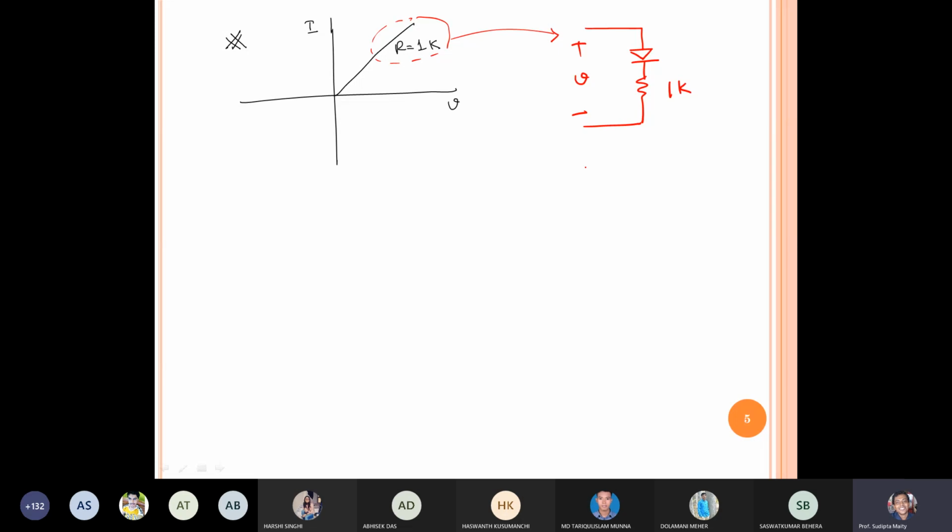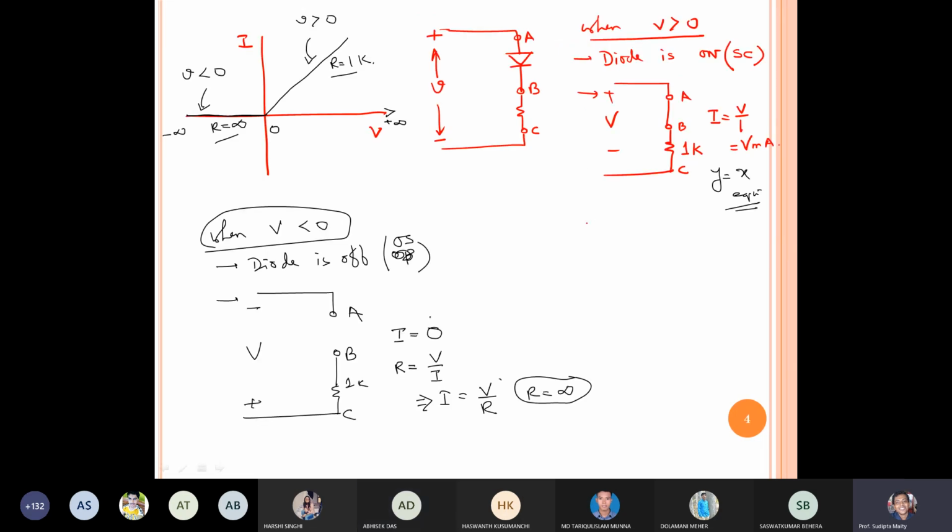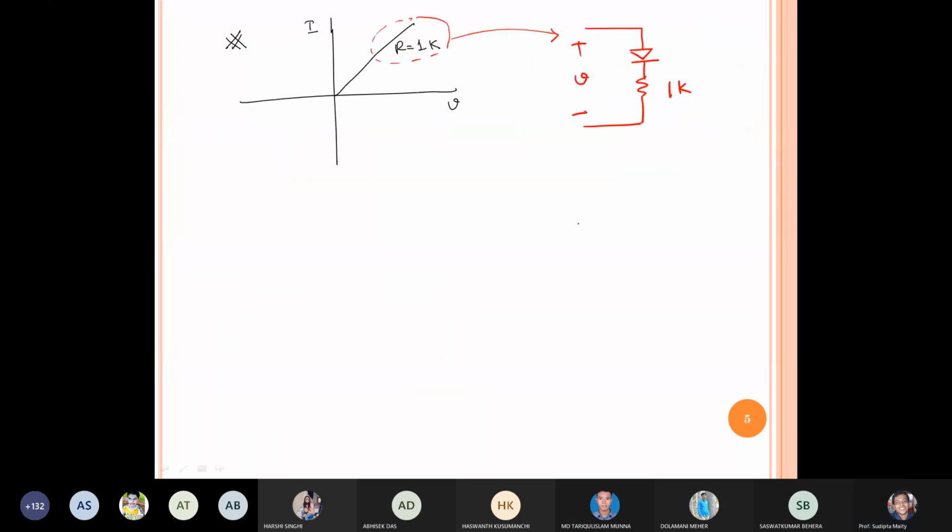We have solved this problem in the previous slide, the first one. Is it clear to everyone? Because that will be my A point, my B point, and my C point.